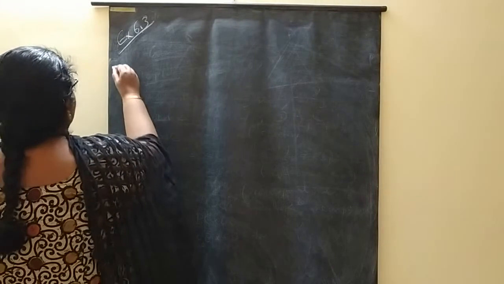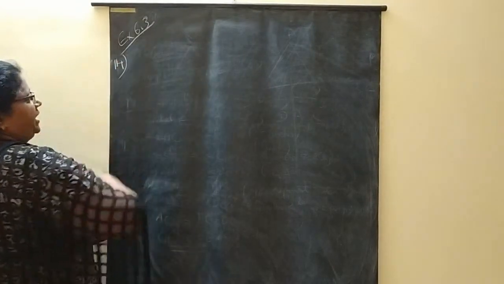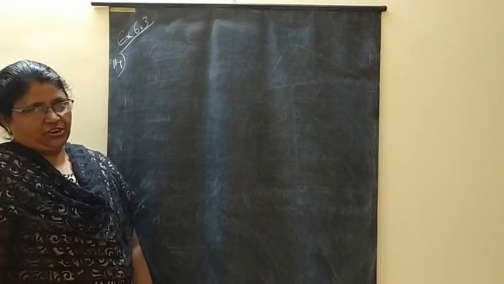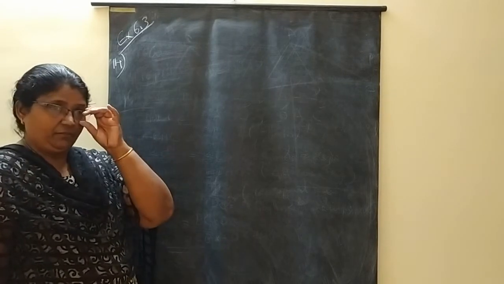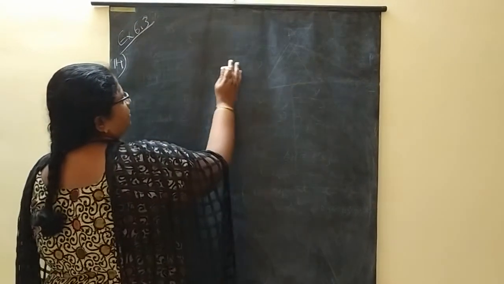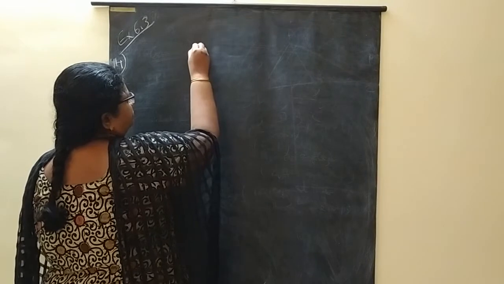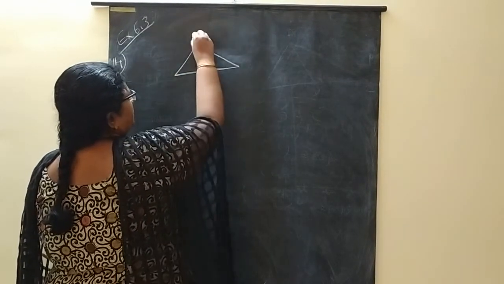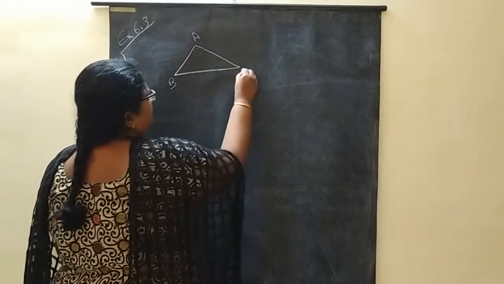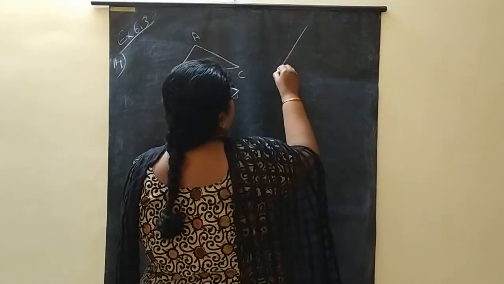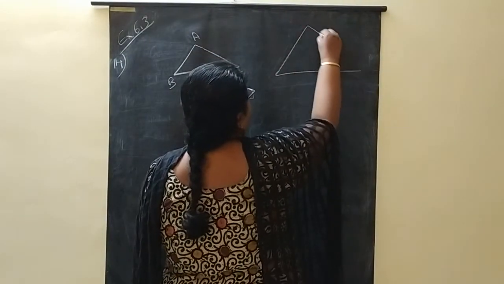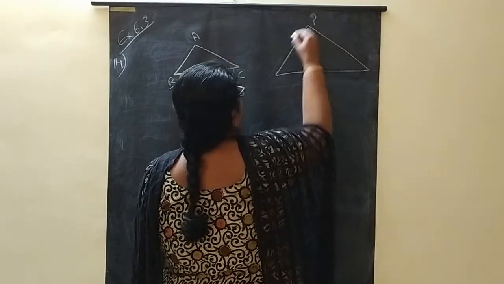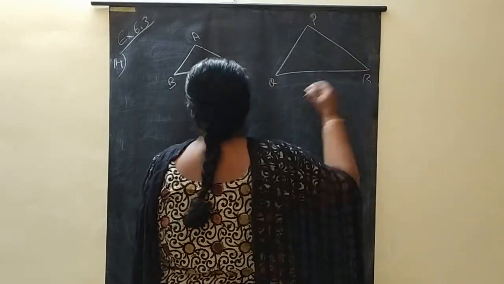Question number 14. No figure is given, so you have to draw two triangles, triangle ABC and triangle PQR.